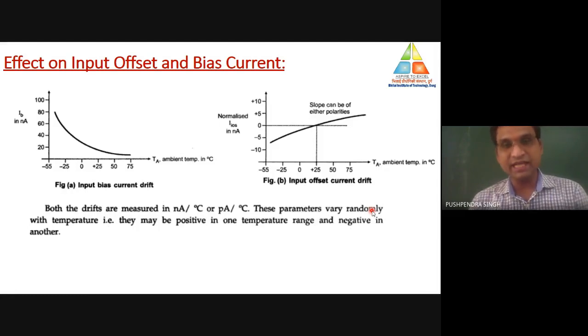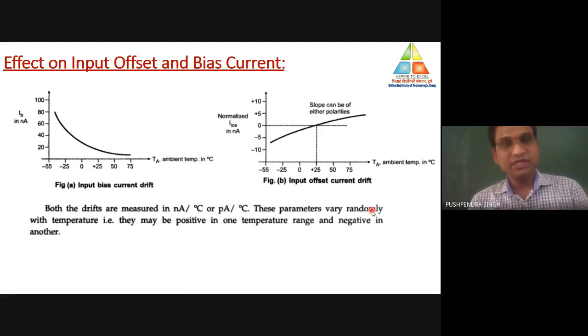Due to change in temperature, the total change in output is called error voltage. So actual output voltage at the output terminal of the operational amplifier will be how much?